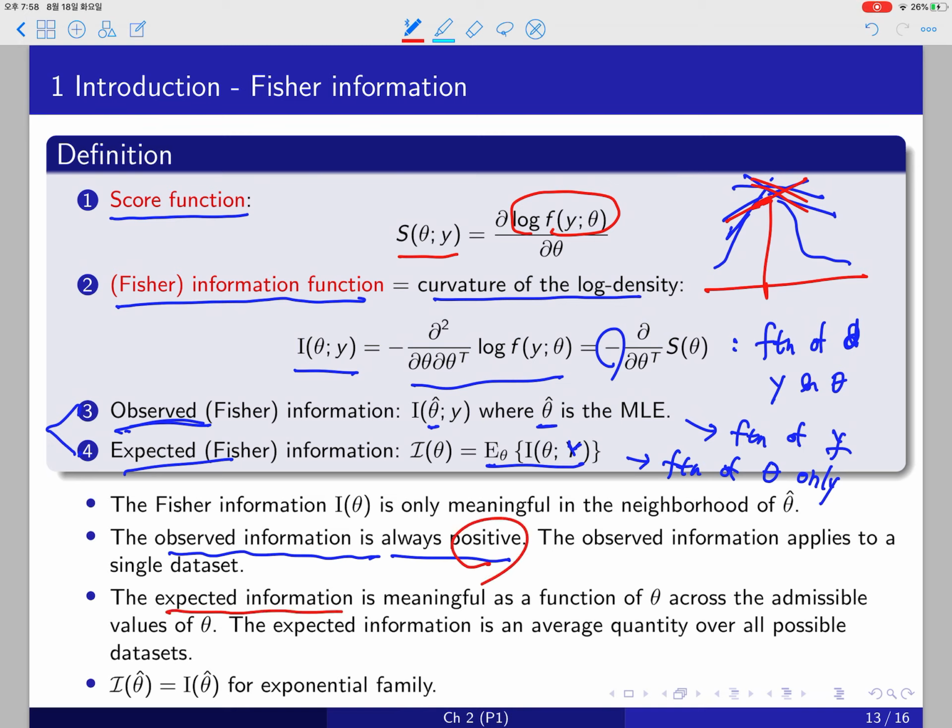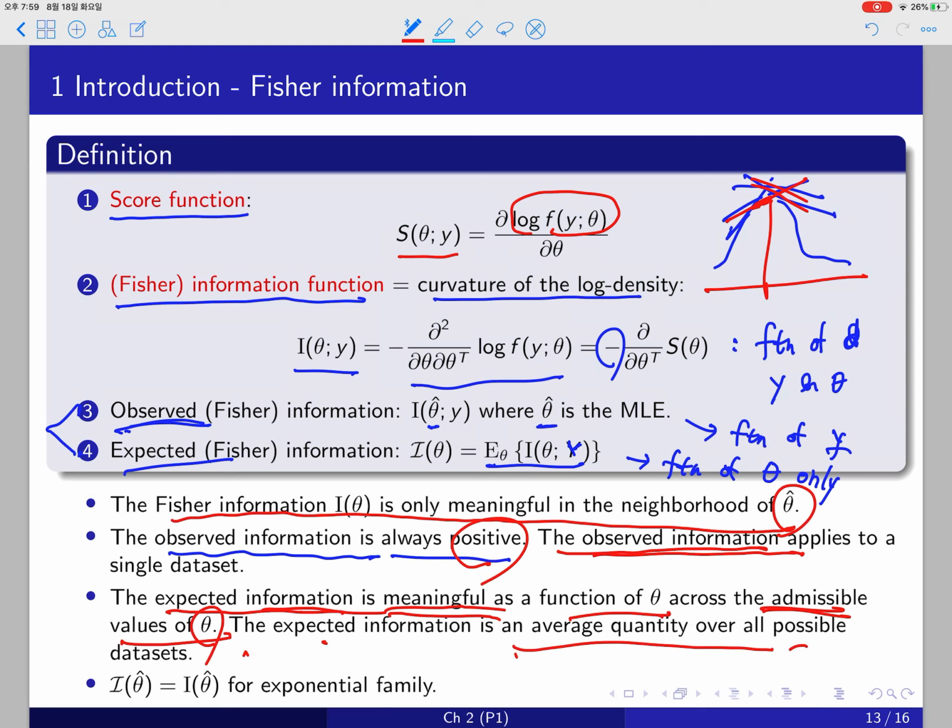The expected information is meaningful as a function of zeta across all admissible values. The observed Fisher information is only meaningful in the neighborhood of zeta hat. The expected information is meaningful across all admissible values of zeta. So that's the difference.